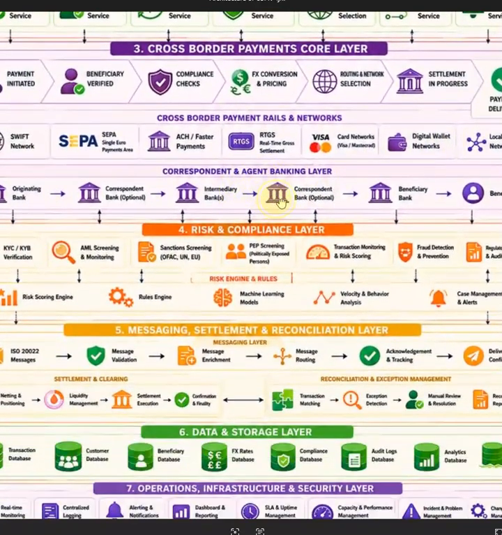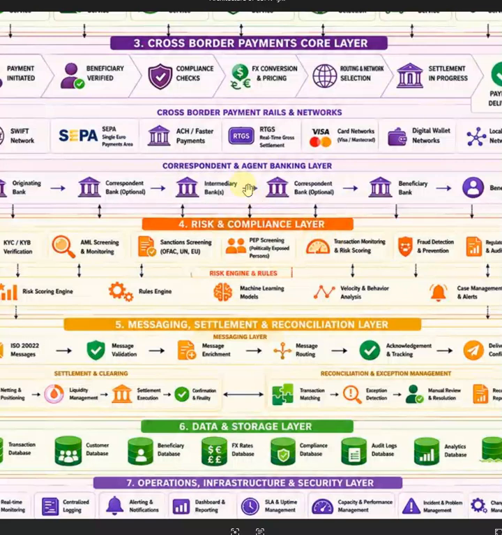Okay, now the next concept: what are the correspondent and agent banking involved in that layer. Correspondent banking, as I told you, if you don't have an end-to-end relationship, we have to involve many intermediary banks when you're sending a payment to the beneficiary, so that is the correspondent banking system. Originator bank, corresponding bank, intermediary bank, and receiving bank.